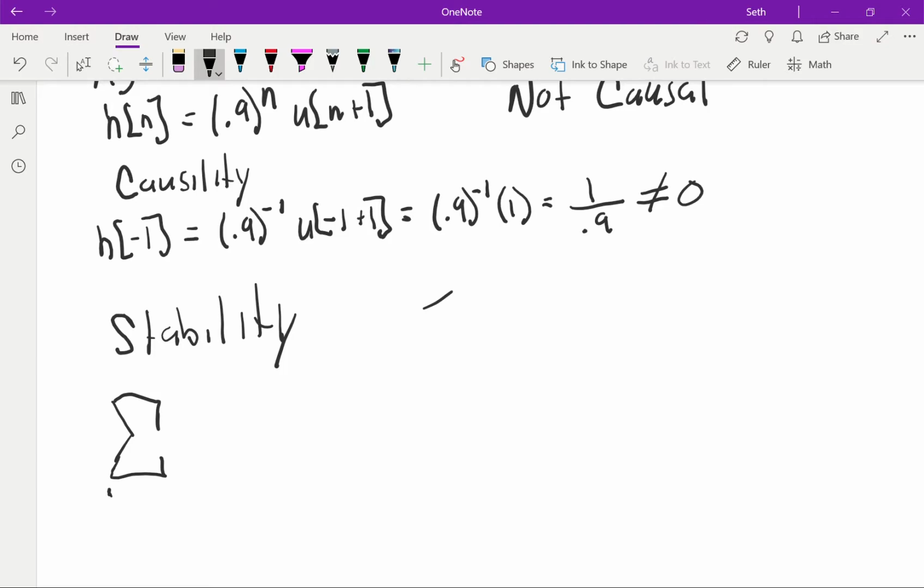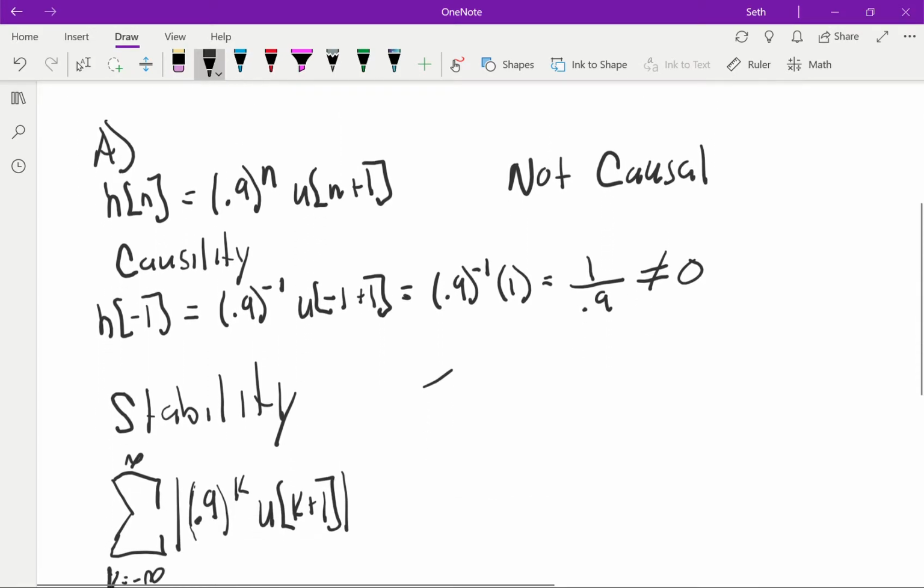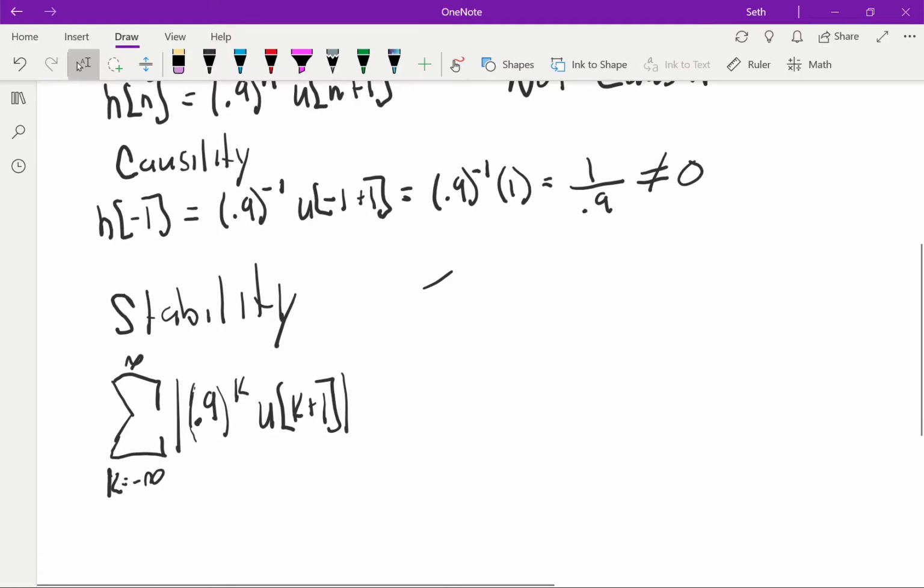So the sum from k equals minus infinity to infinity of the magnitude of 0.9 to the k times u of k plus 1. If this summation is less than infinity, the system is going to be stable.